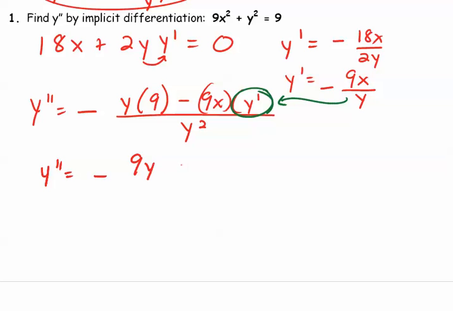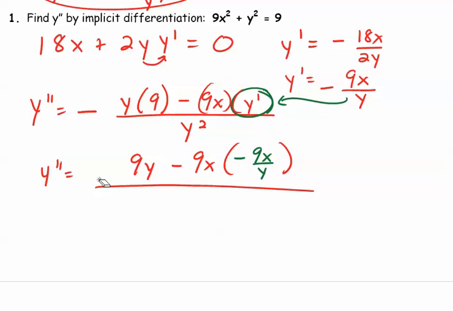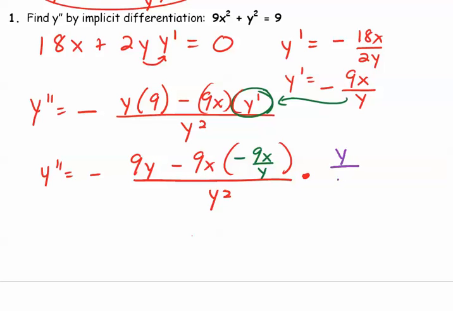So now when I do my substitution, we'll have 9y minus 9x times, and here's where we do our substitution of the derivative, negative 9x over y. And then our denominator was badly written. Let's rewrite that, y squared. So now we've got a complex fraction because we've got this numerator with a fraction in it. So I'm going to multiply the numerator and the denominator by y. So remember to distribute in your numerator.